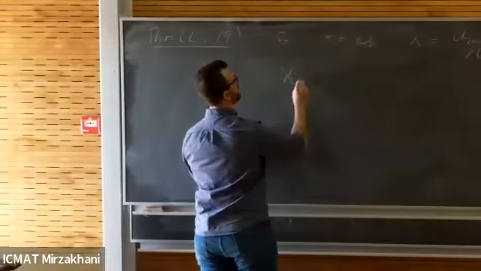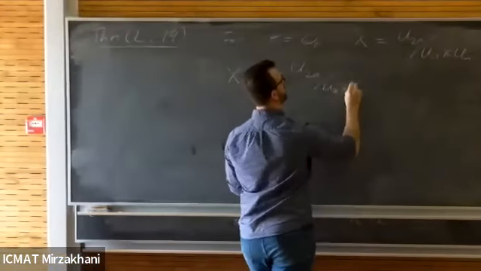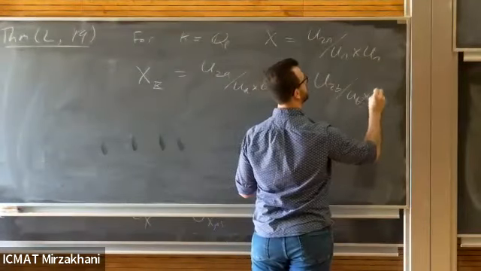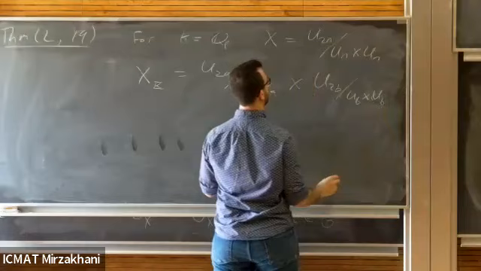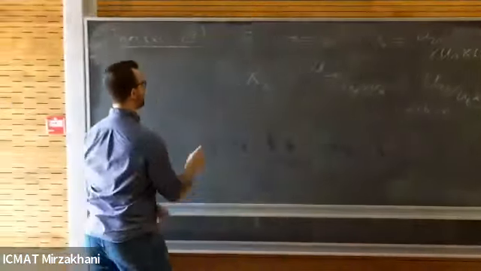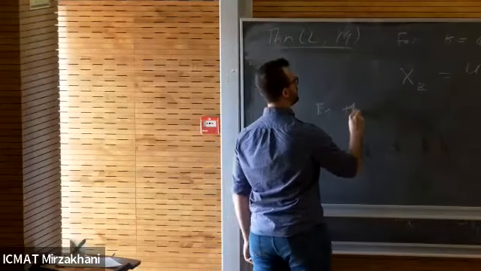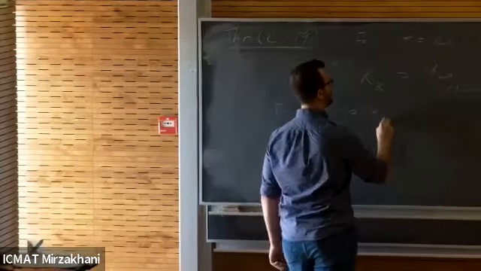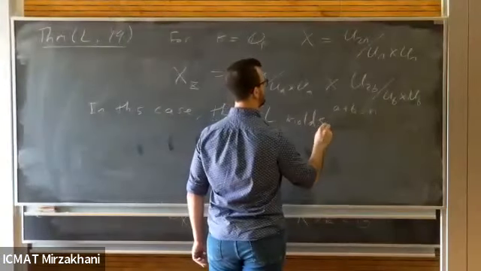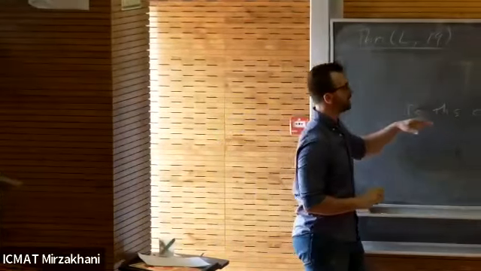The possible endoscopic varieties are U2A cross UA cross UA, U2B cross UB plus UB, where A plus B is equal to N. And in this situation, I proved the fundamental lemma here. The fundamental lemma holds. Which is a rather long-winded proof using a lot of harmonic analytic tools.